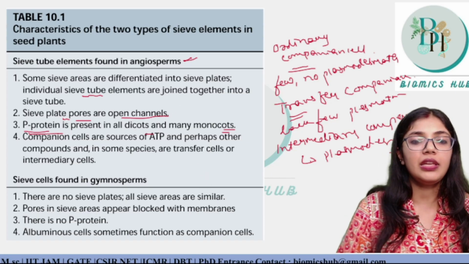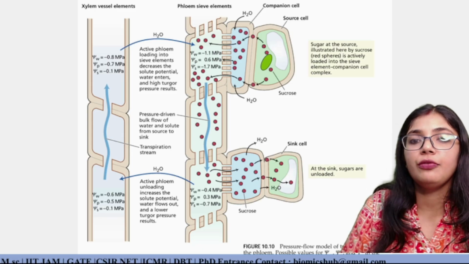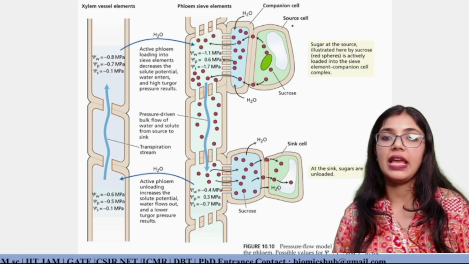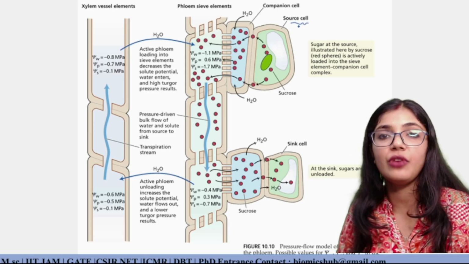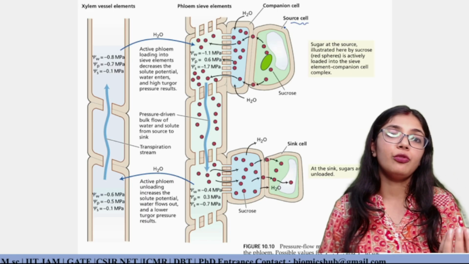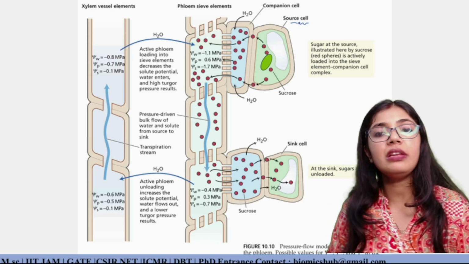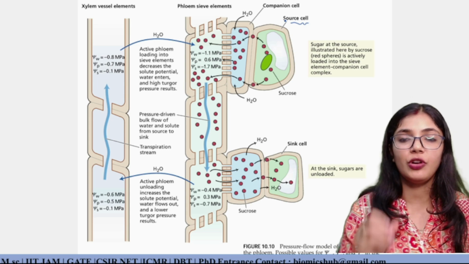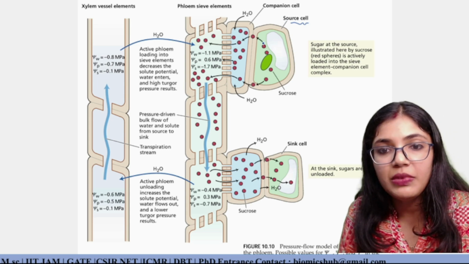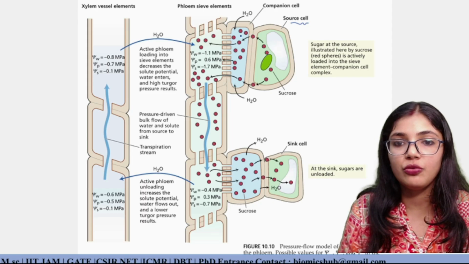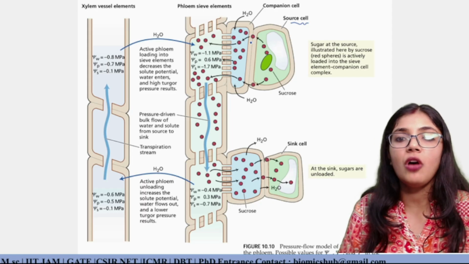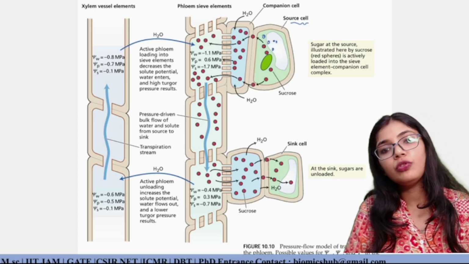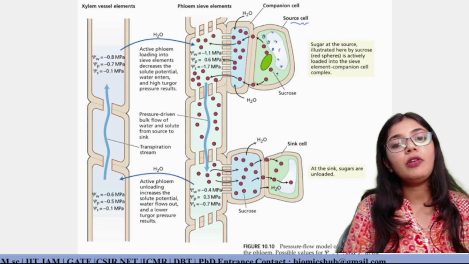Okay, now let us see how the phloem sap is transferred from the source to the sink. This is a place where the food is being synthesized, and this food should be transferred to different parts of the plant. From the source it is transferred into the companion cell, because here the amount of solutes or food will be more.